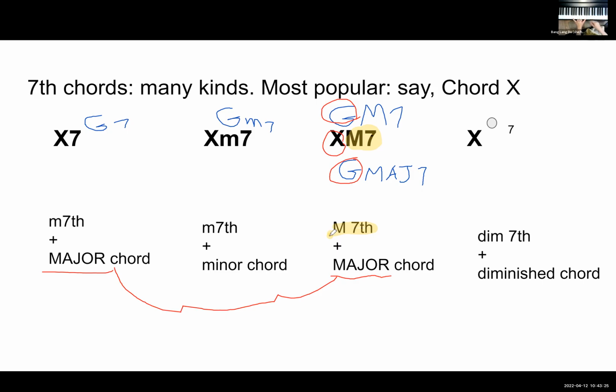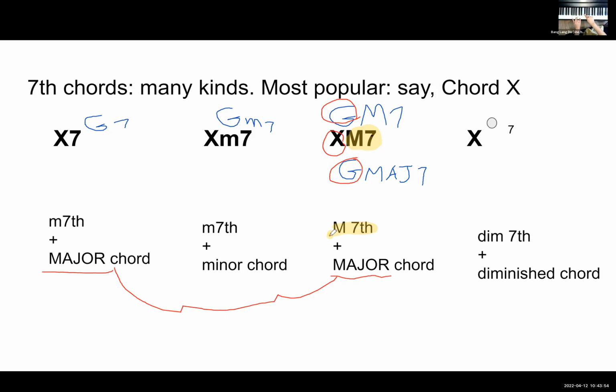So a major 7 would be that, right? And in order to make a G major 7, first the G has to be major, G, B, D, and then my note on top is a major 7th, which is very jazzy. We often use a major 7 chord for chord 1.